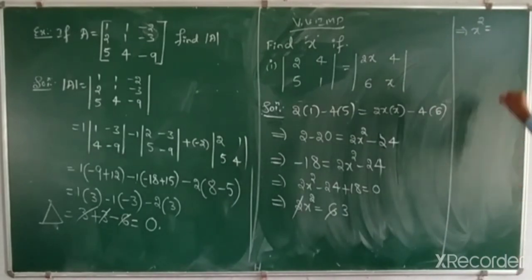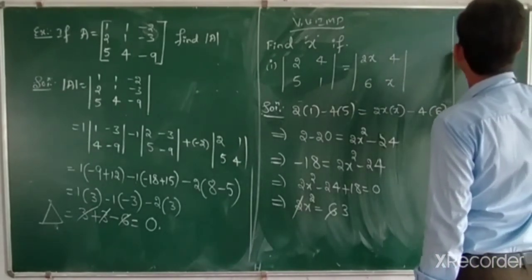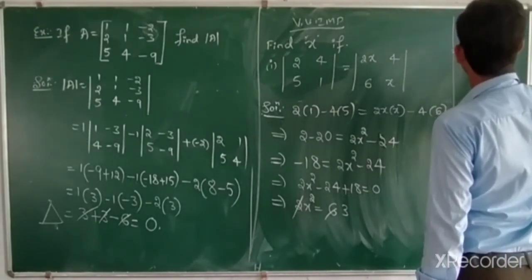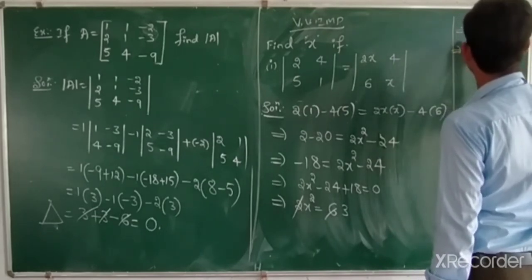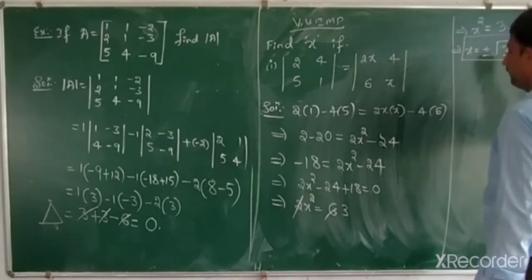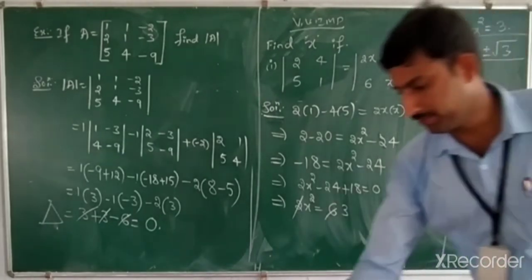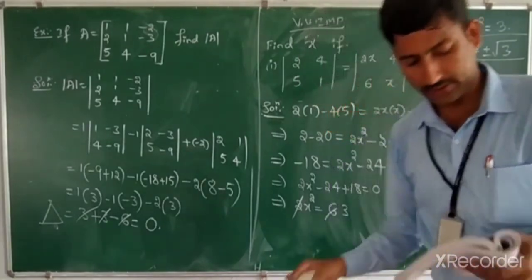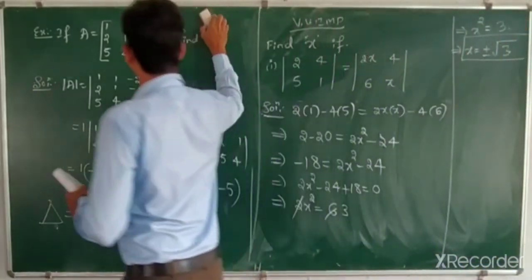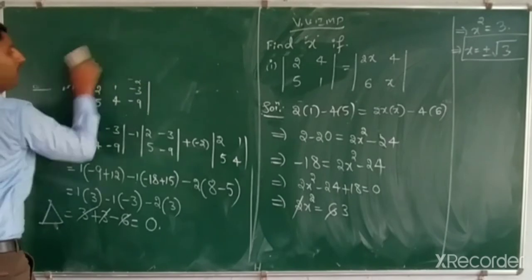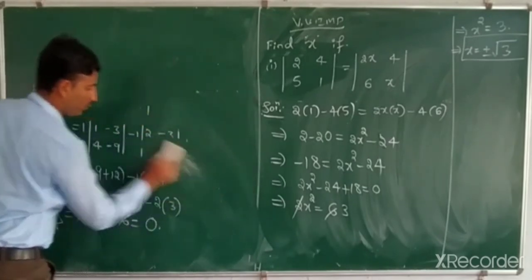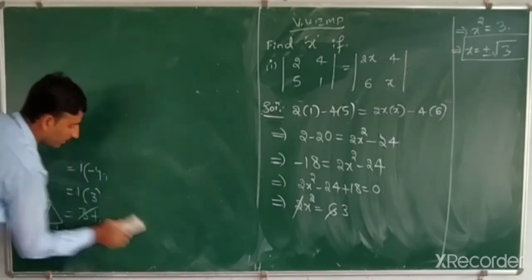X square is equal to 3, which implies x is equal to plus or minus root 3. Next one. I will solve all the 4 problems, just work them out in your notebook. That's enough.